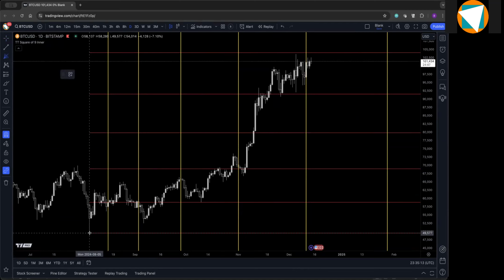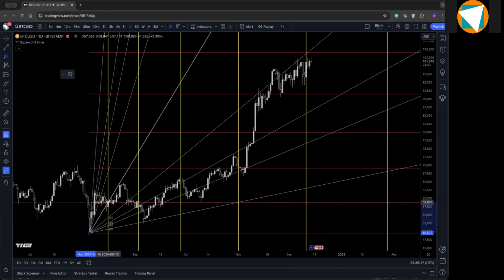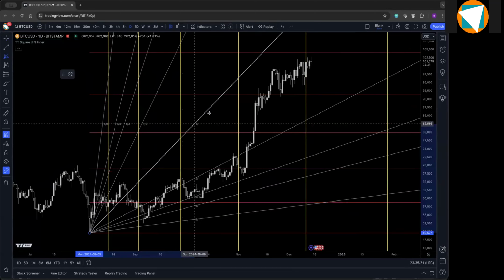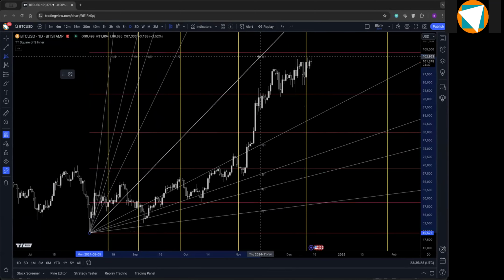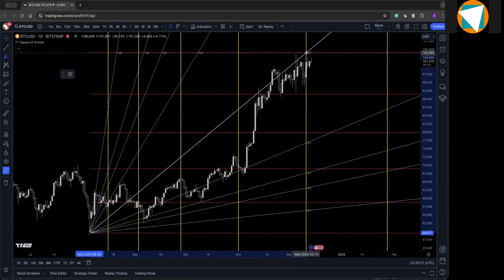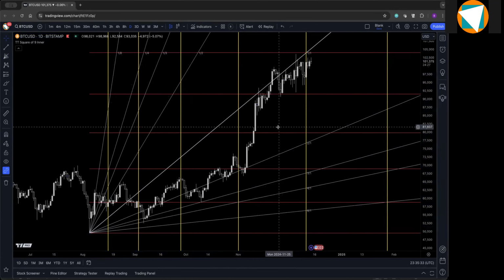Now, I'm going to start down here at the anchor point. Now, I suppose I could connect it here or here or here, but what I like to do is get the most recent intersection, okay? So the most recent intersection is over here, okay? And the reason for that is that it incorporates the expanding spiral nature of the square of 9, right?